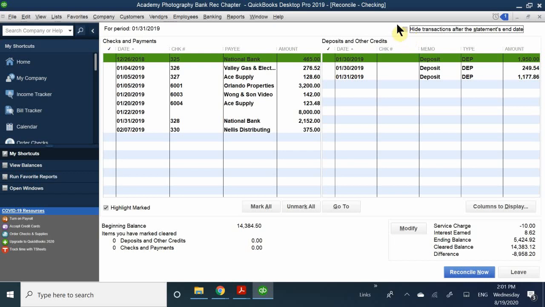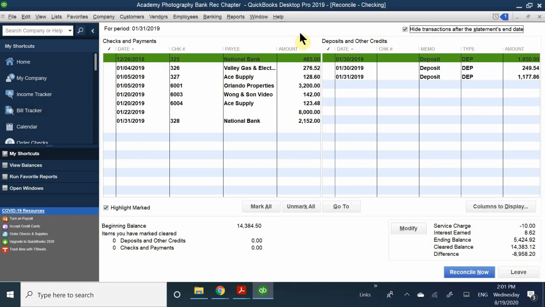That means our statement end date is January 31st. So anything that has happened after the 31st of January, you want to hide it. In this case, we have this right here for February 7th, and we want to hide that. So I'm going to click this, and if you notice, it hides it away. All right? If you want to bring it back, you just unhide it. But in this case, I want to hide it.